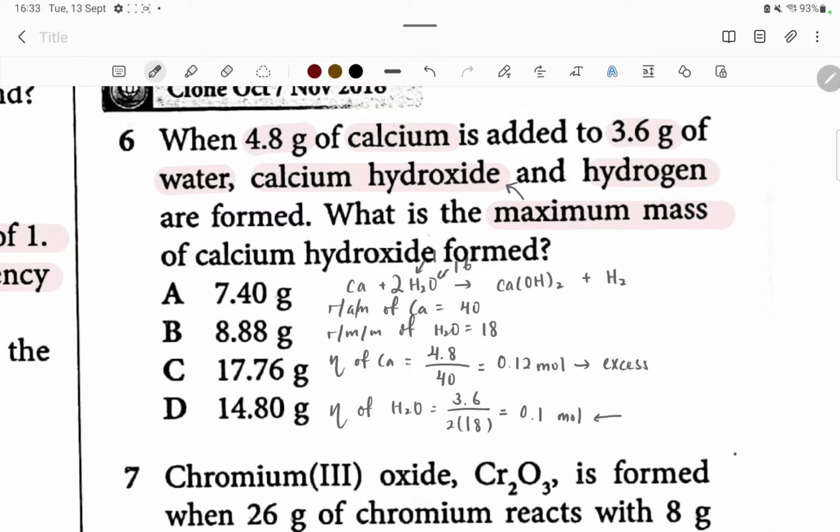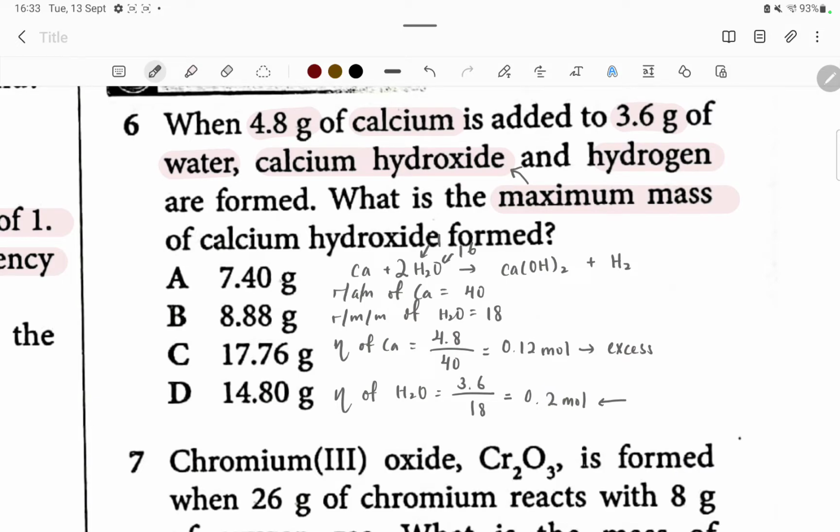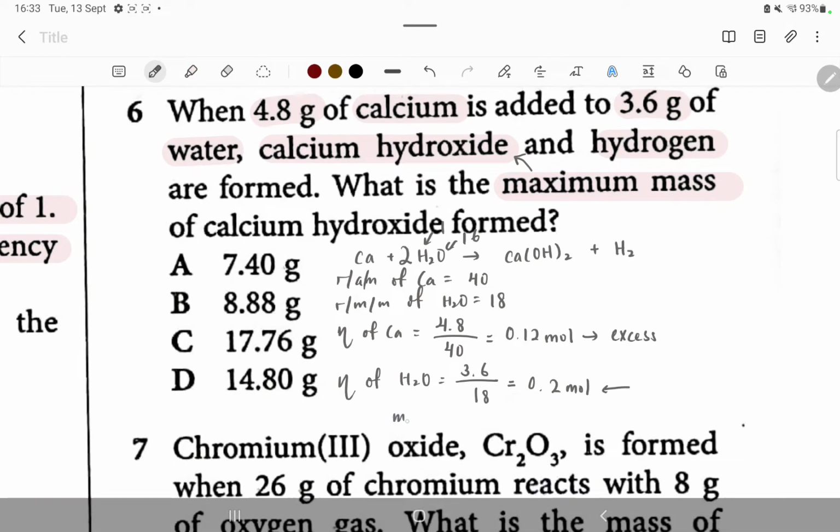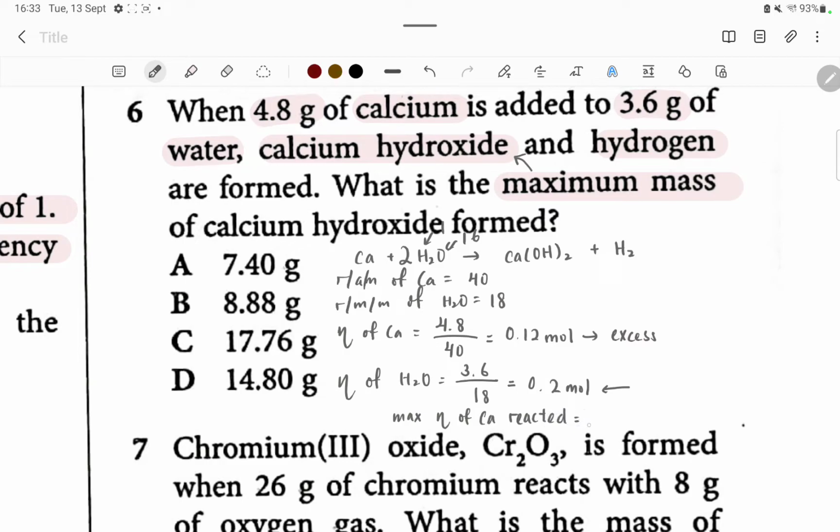So we use this one for calculation, water. Okay, never mind. You can straight away use over 18. So 0.2 mole. And then after that, when this one is 0.2 mole, maximum for calcium is actually this one should be 0.1 mole.